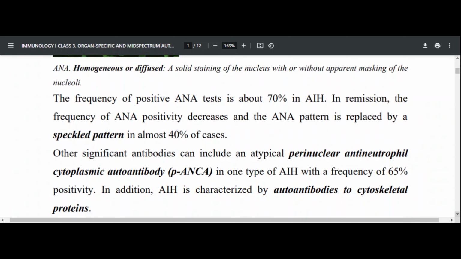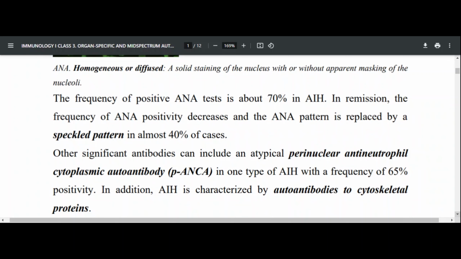Remission is sometimes the absence or recovery, a bit of recovery or absence of symptoms. That's what we call the remission period. You find that antinuclear antibodies are still positive, but it will only be speckled, not homogeneous, and this is in only about 40% of the cases.